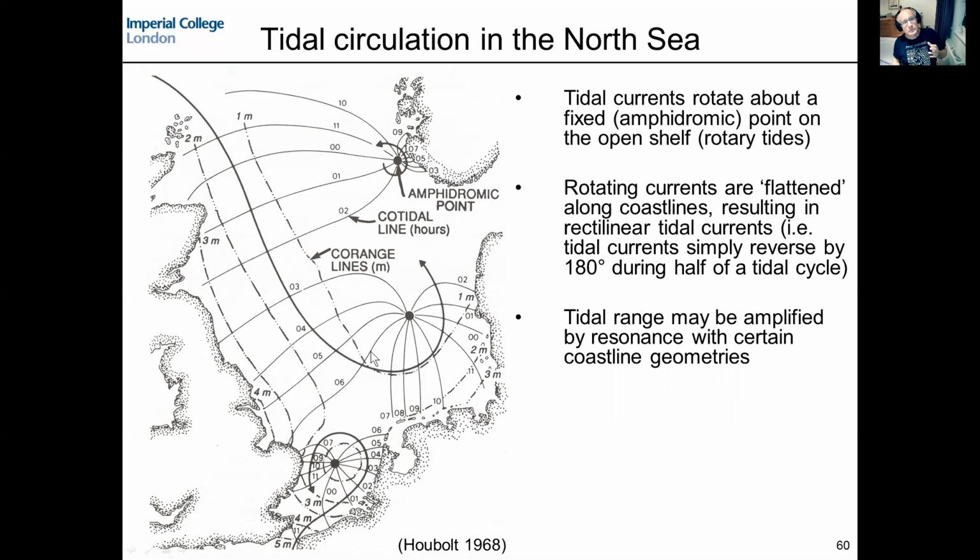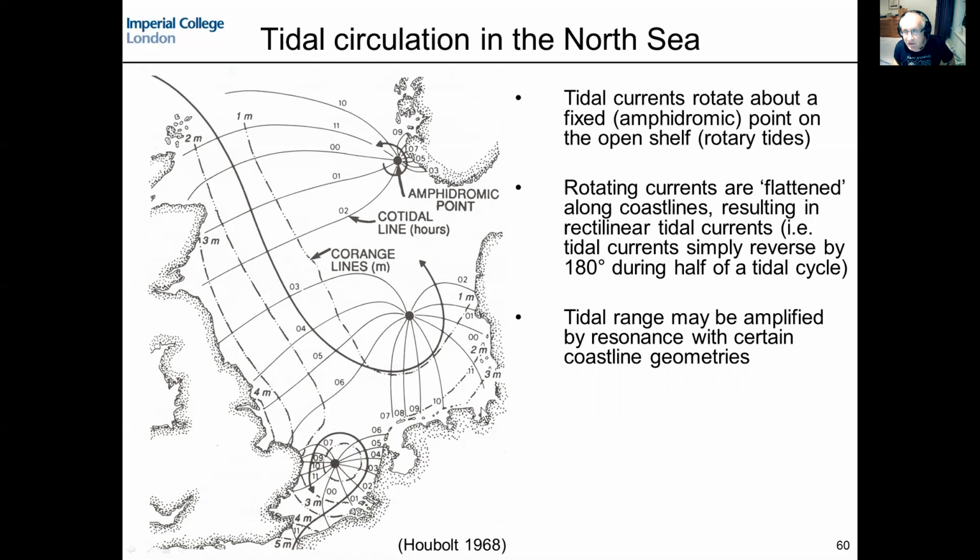Now, as the water rotates around that point, that's referred to as an amphidromic point. The name's not too critical. The water basically interacts with the bathymetry and the coastline. So, in deep water, as the water rotates around that point, the wave rotates around that point. Deep water means that there's nothing to really stop that wave as it rotates around.